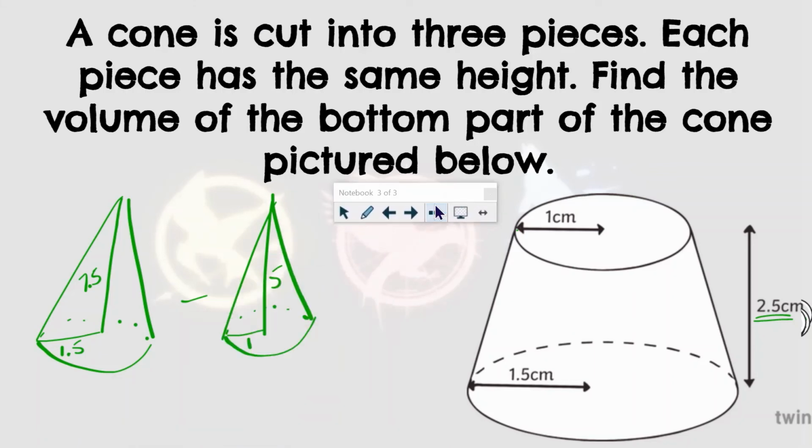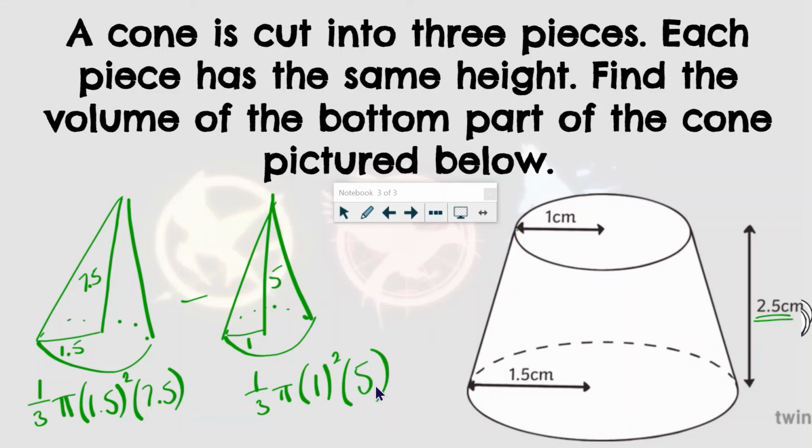All right, so for the bigger cone, using 1/3 pi r squared, so that's 1.5 for that big cone, times the height, which is 7.5. For the littler cone, 1/3 pi r squared, which is really just 1, times the height, which is 5. So the bigger cone, when we multiply those together, make sure you do your exponent first.